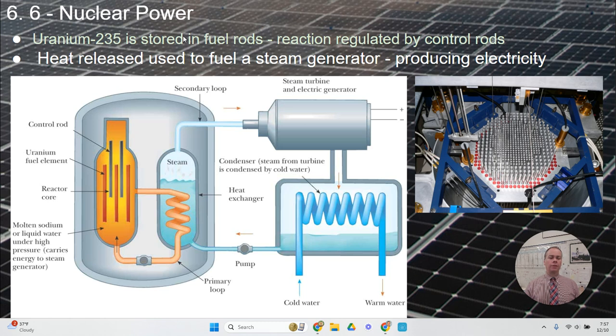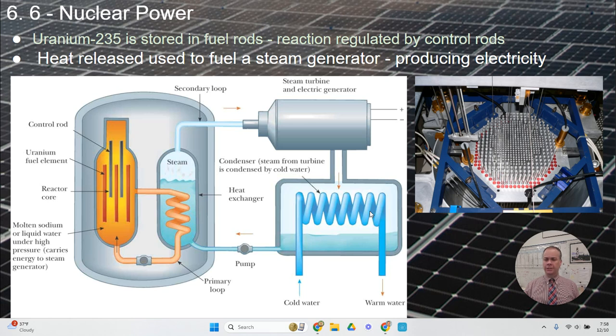So the uranium that's used as a fuel source is stored in what are called fuel rods. You can see in this model of the nuclear reactor, these orange bars represent fuel rods. Here you see some of the actual fuel rods in a real nuclear power plant. But there are the fuel rods which contain the uranium, and then there is another type of rod called control rods.